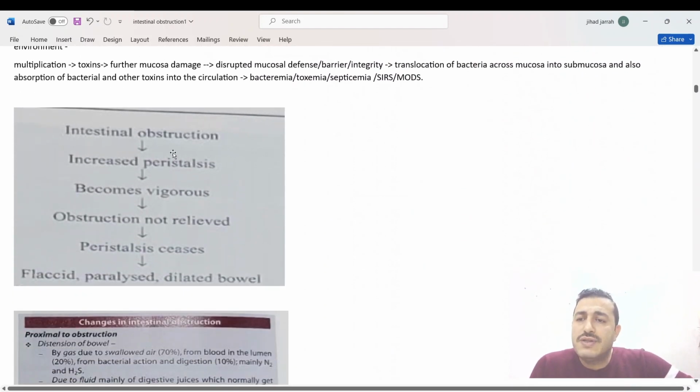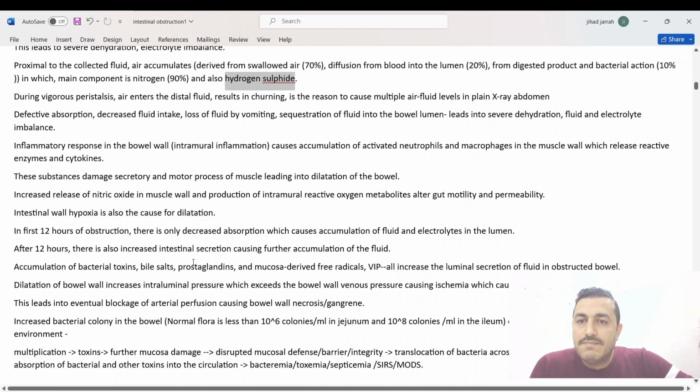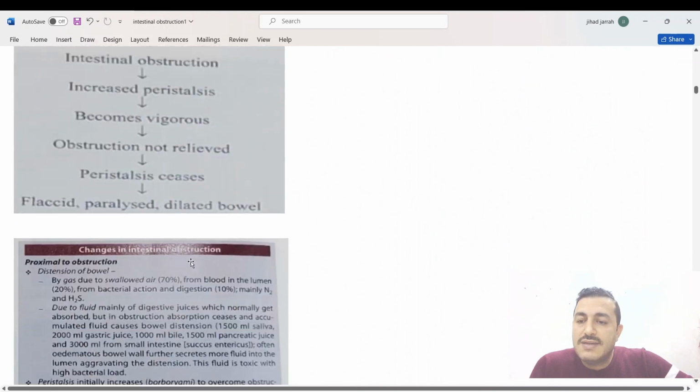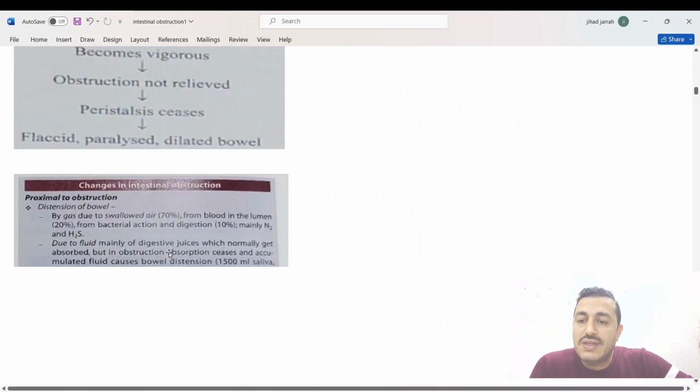Here are some pictures: intestinal obstruction increases the peristalsis, and then if the obstruction is not relieved, peristalsis ceases, and paralysis happens. We discussed the most important. Here's the picture; it summarizes what's written above.